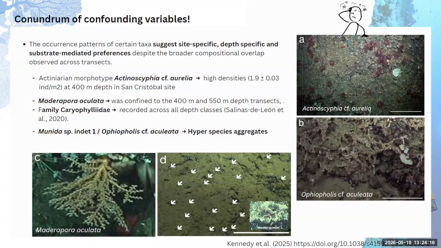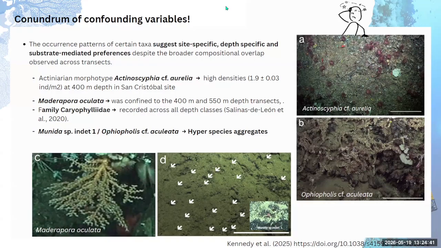we also observed certain site, depth and substrate specificities for certain groups. For example, the Echinocyamus aurelia in image A that I am now talking about. We observed them in really high numbers associated with sponges or the encrusting biogenic mats.